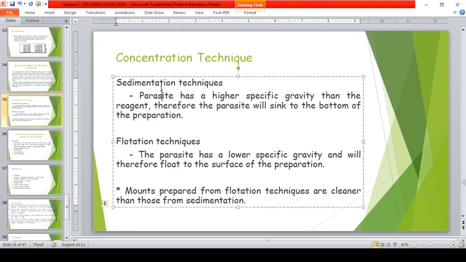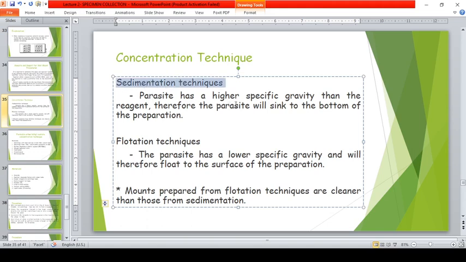Sedimentation. We compare sedimentation and flotation. When we say sedimentation, the parasite will sediment. So, where will you find the parasite, on the upper part of the test tube or on the bottom? On the bottom, because it will sediment.